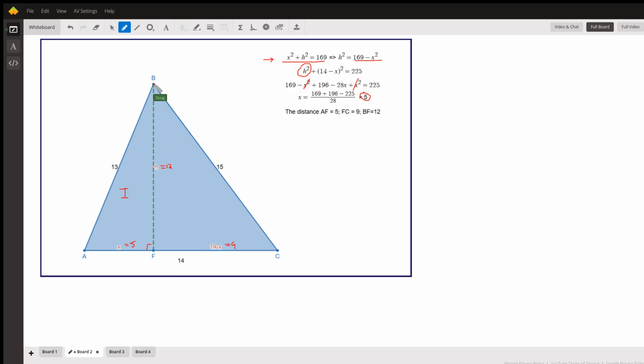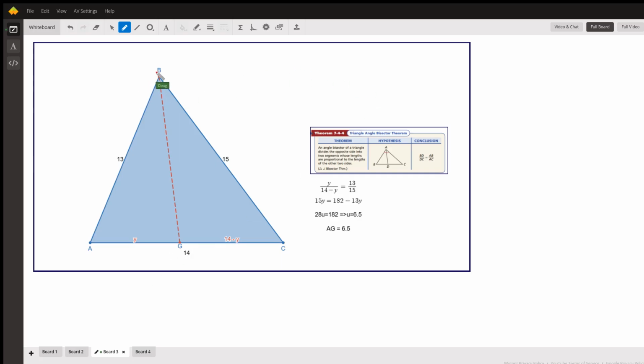We want to get an angle bisector coming down this way and see if we can find out what this distance is so that we can find this distance right here. So there's the angle bisector. And we're going to use the triangle angle bisector theorem.